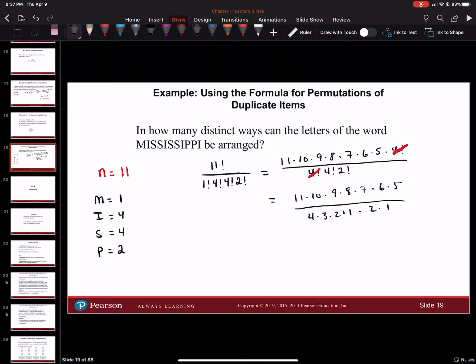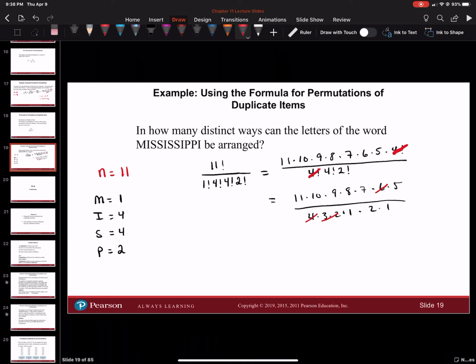Now follow what I'm about to do. I know that 3 times 2 gives me 6, so I can get rid of 6 up top.